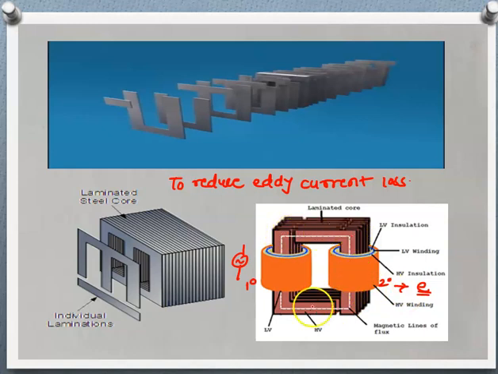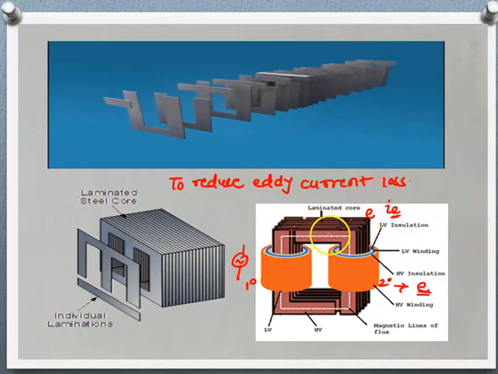If we use this core as a solid one, then what will happen? This steel core has conducting properties, so this flux is linking with this core also, so EMF will get induced in it, and this EMF will circulate a current called eddy current.